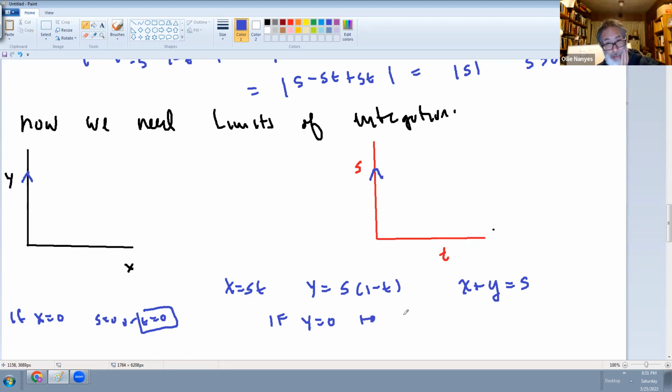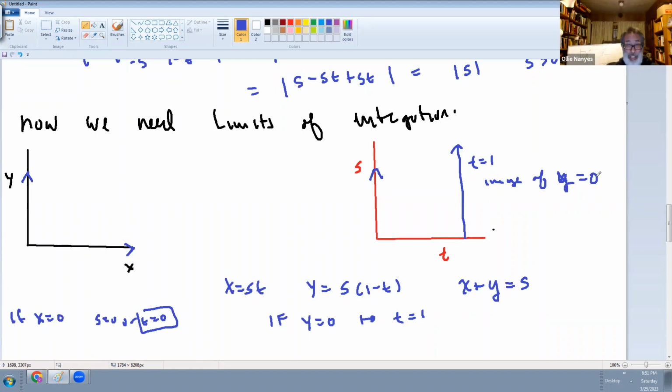So if Y is 0, we know that T is 1. So this thing right here gets mapped to T equals 1. It's the image of Y equals 0.